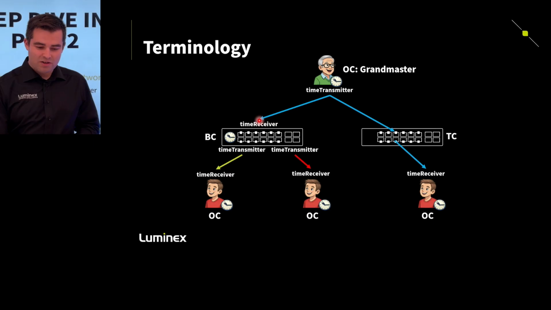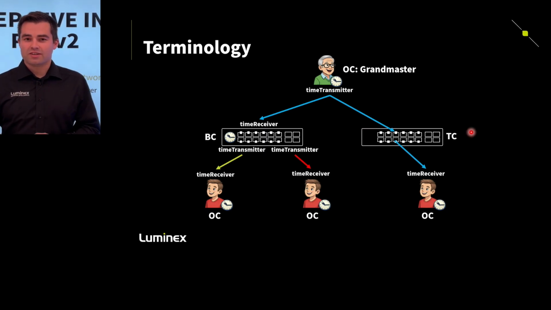That boundary clock, on the port towards the grandmaster, is in the time receiver state, and the boundary clock will sync its internal clock to this time transmitter, to the grandmaster. Next, it's distributing the time again downstream as the time transmitter itself towards two separate ordinary clocks that are in the time receiver state.